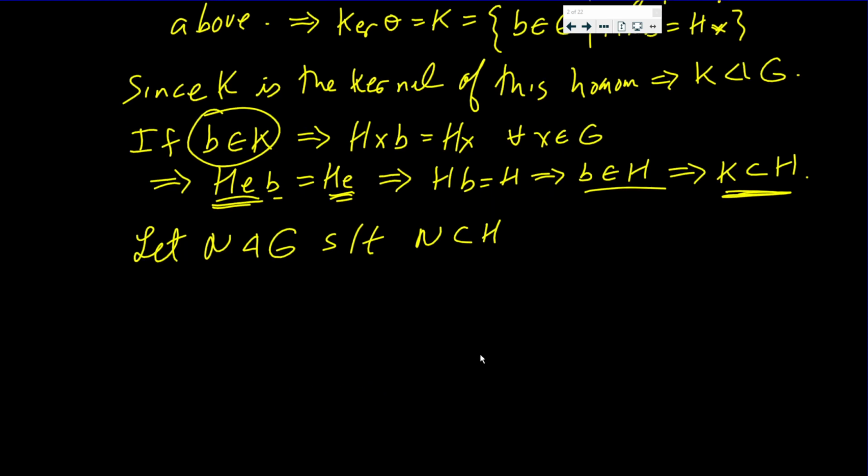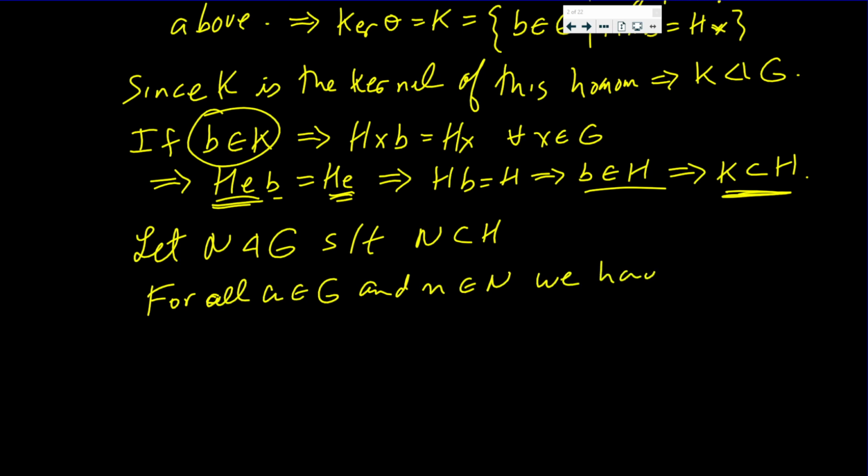Okay, so we know what things in K look like. So what I'm going to say is, for all A in G, and say little n in N, we have the following.